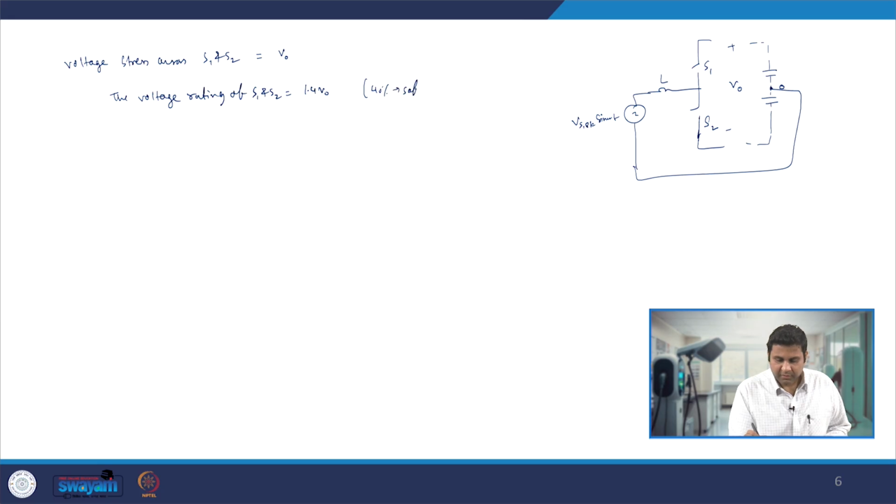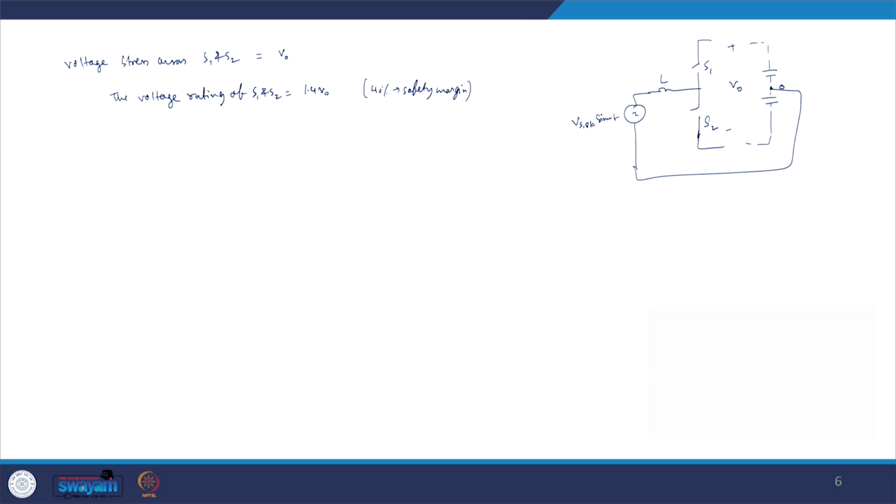nothing but the safety margin. Now this safety margin has been taken because this output voltage will also have some ripple over this.